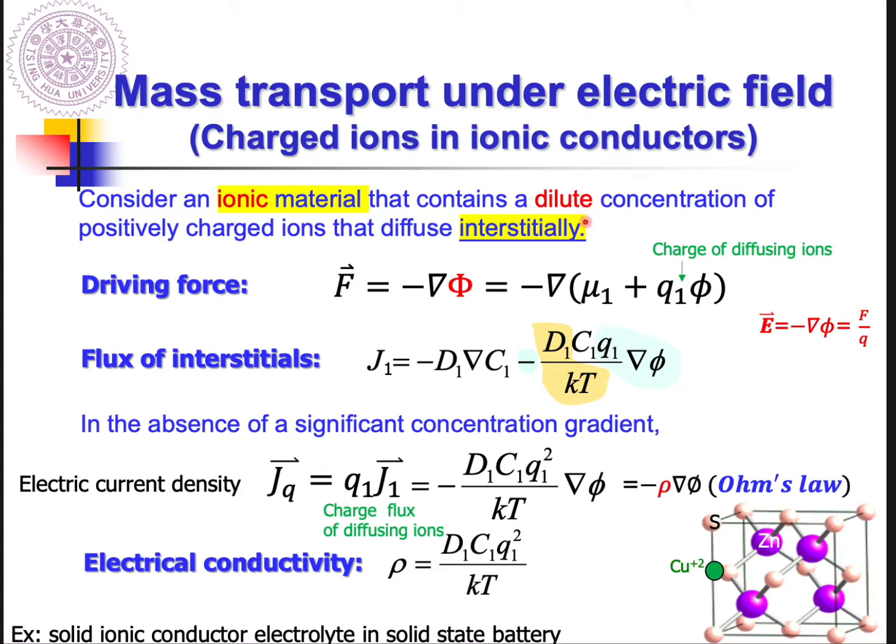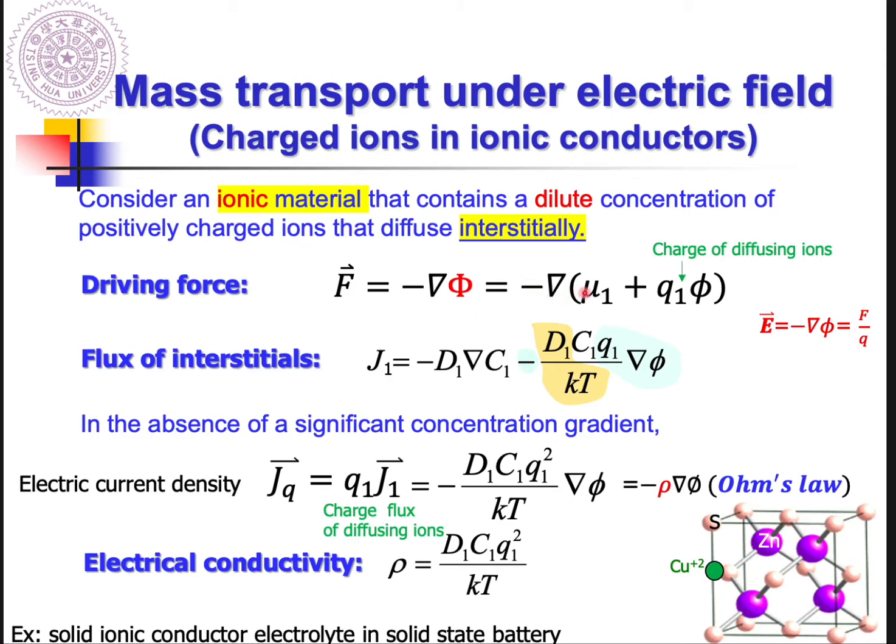Then we apply the electrical field on this kind of material. The first thing we want to know is what the atomic flux of these interstitial ions is, and what the relationship is between the current density and the atomic flux of these interstitial ions.